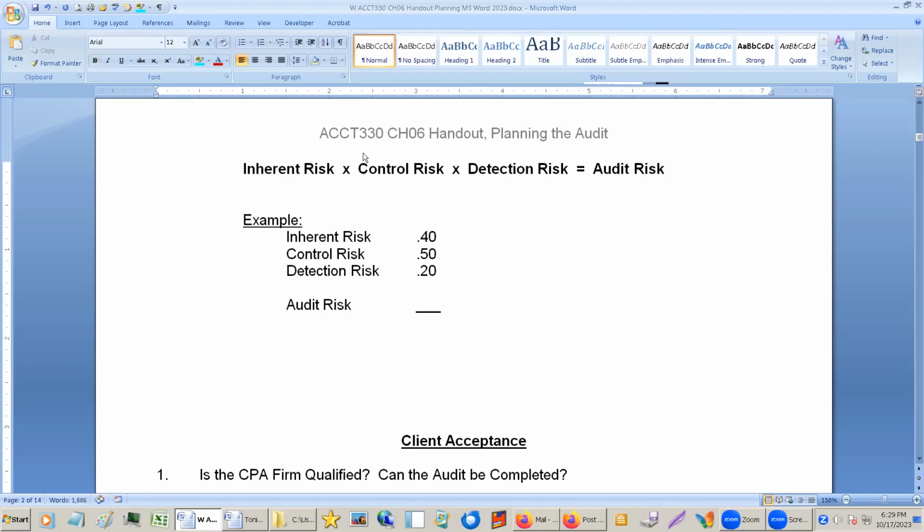So let's say that we have the example down below, the inherent risk. So this is the risk that it will occur is 40%. The control risk is that the client's controls fail. And the 20% is that the auditors fail.